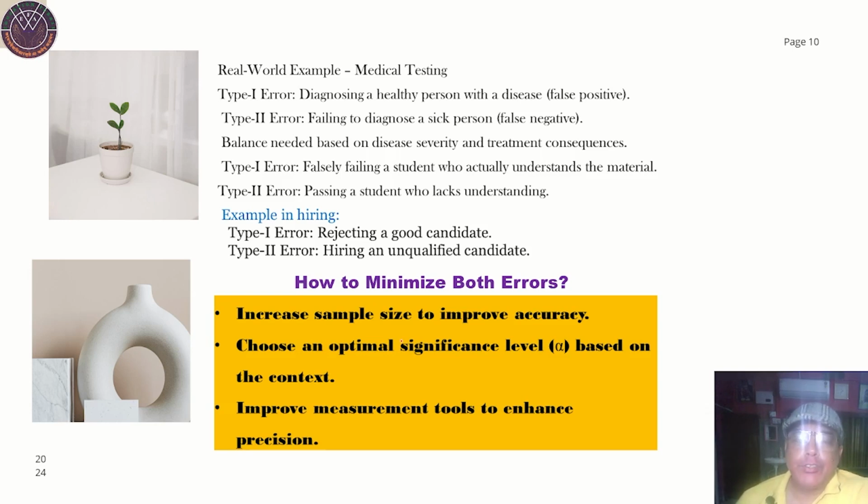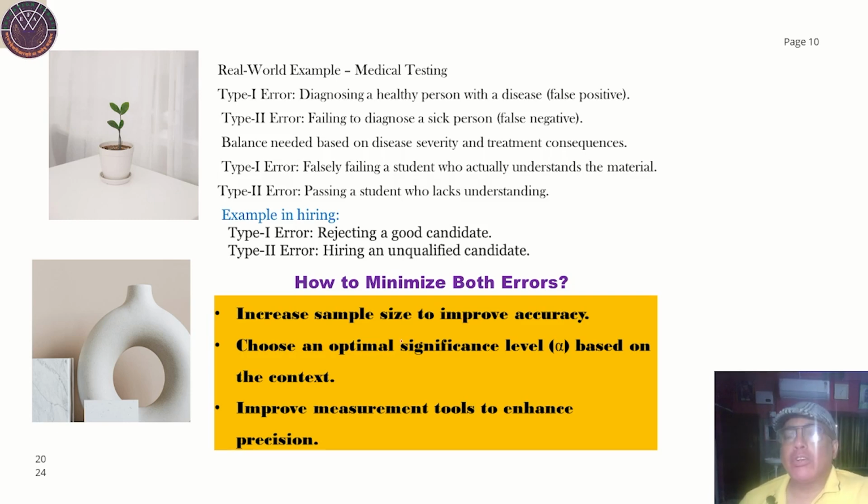Always increase the sample size, and choose an optimal significance level of alpha based on the context. If it is a medical test, you have to reduce your alpha. If it is a problem from social sciences or general life, you can keep your alpha at a somewhat higher level, so that type 2 error will be less. So there is an optimum level.